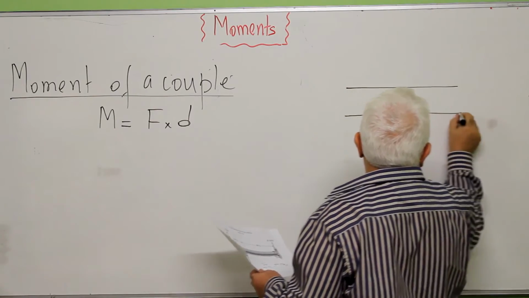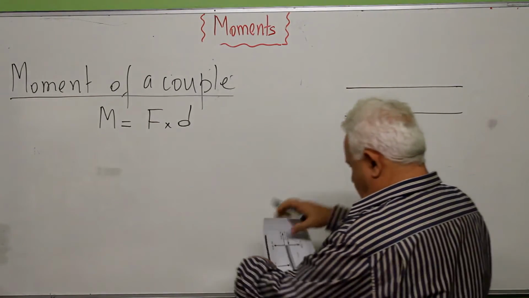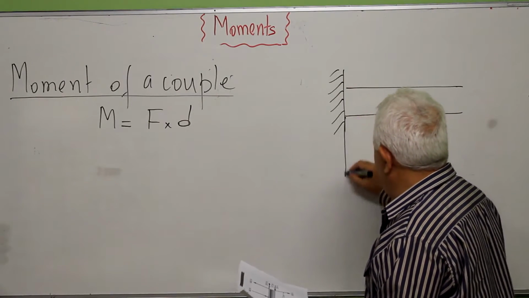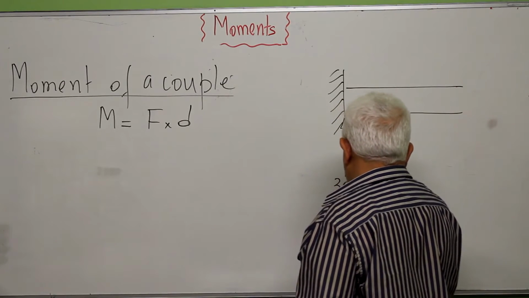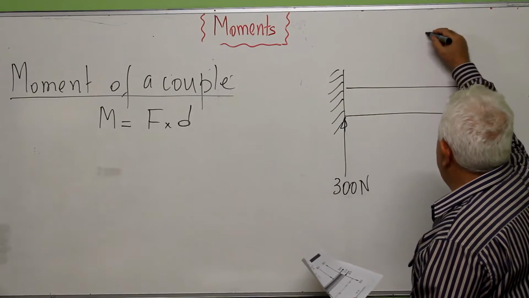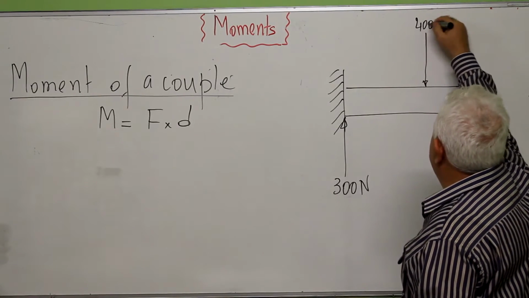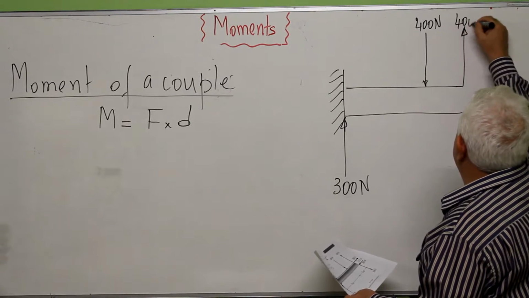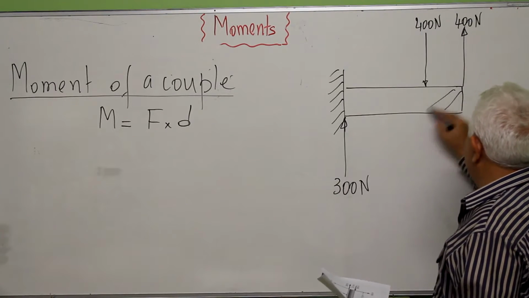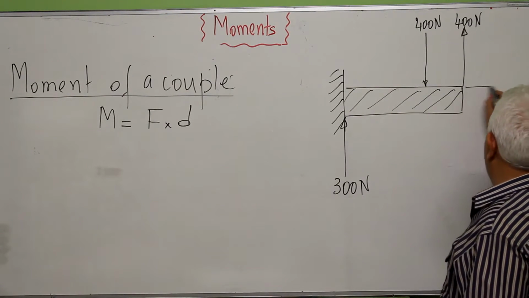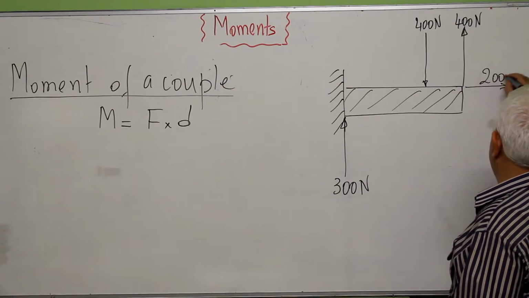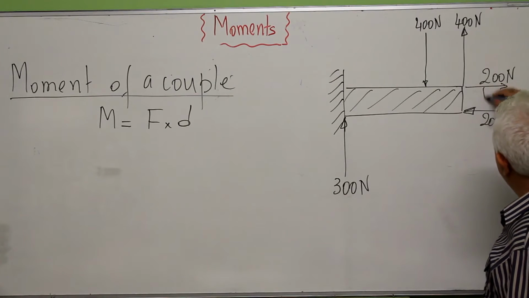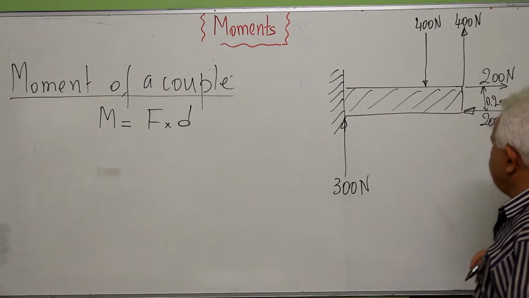Suppose we have a bar here in which we have one force here of 300 newtons, another one here acting 400 newtons, this one acting in the opposite direction, another couple here, 200 newtons, 200 newtons separated by a distance 0.2 meter.